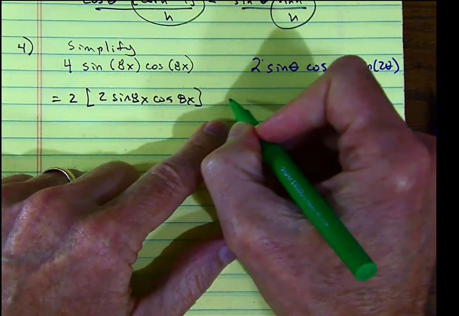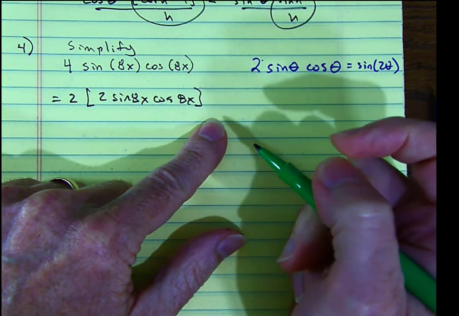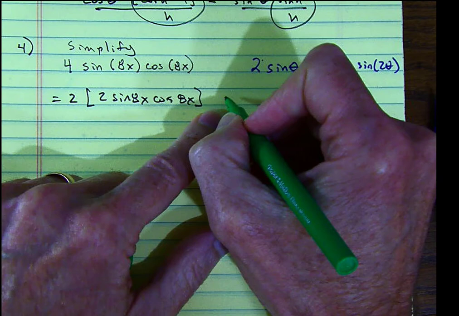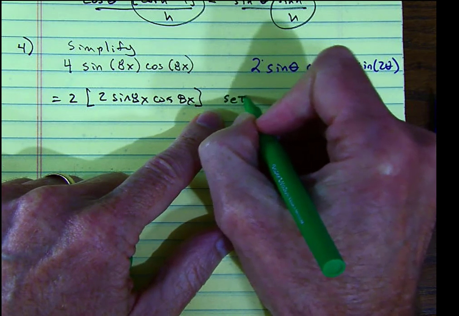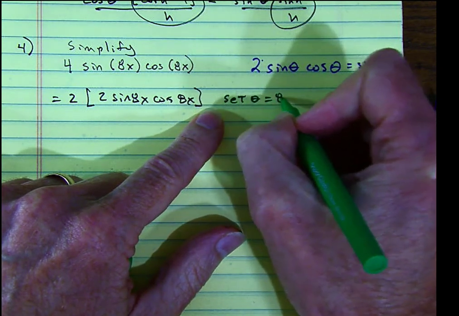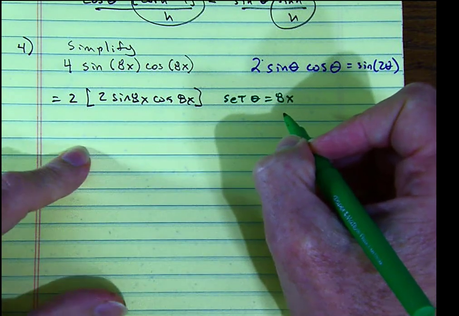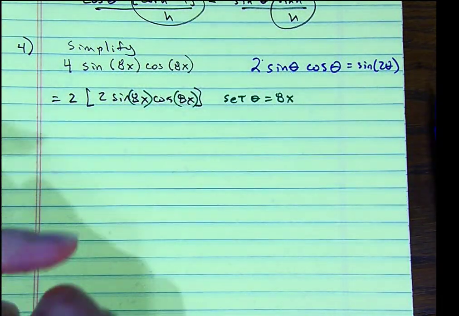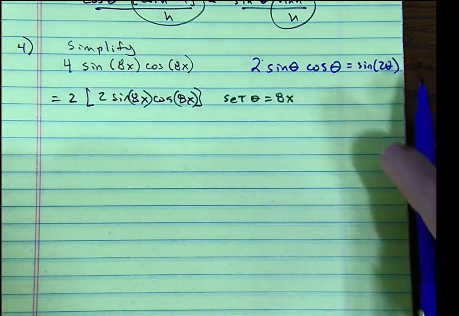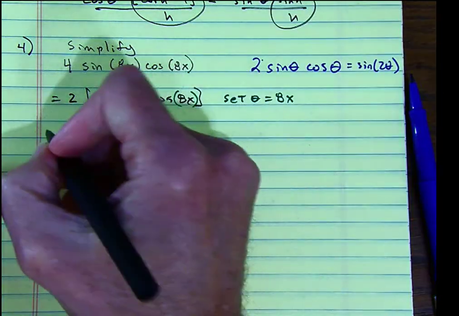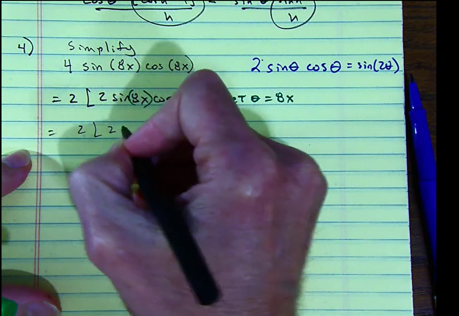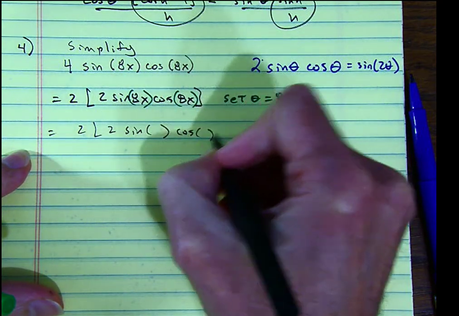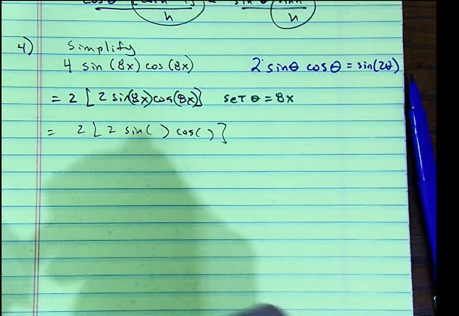But what if we temporarily, now a lot of you could do this in your head, but just for clarity for some people that aren't quite seeing it all, let's set theta equal to the 8x. That means I can take this out. And so this will equal 2 sine theta cosine theta.